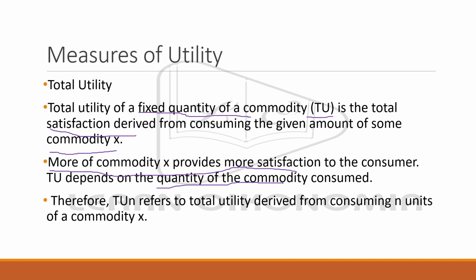The total utility when you consume n units of commodity X is dependent upon the n units of commodity X that you consume. So TUn is the total utility which you would be getting from consuming n units of a commodity, and here it is X.